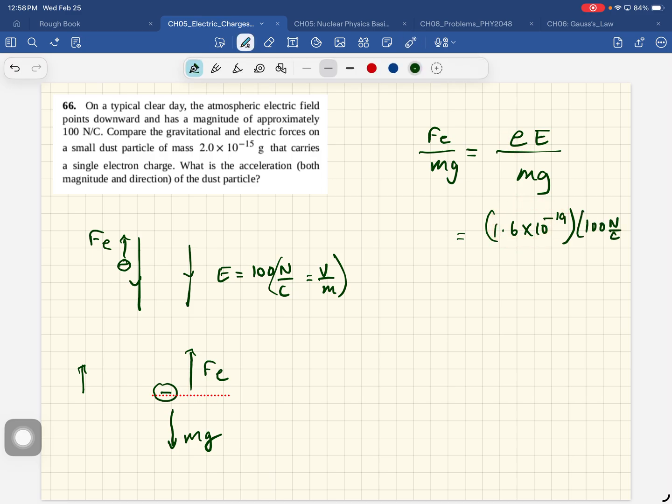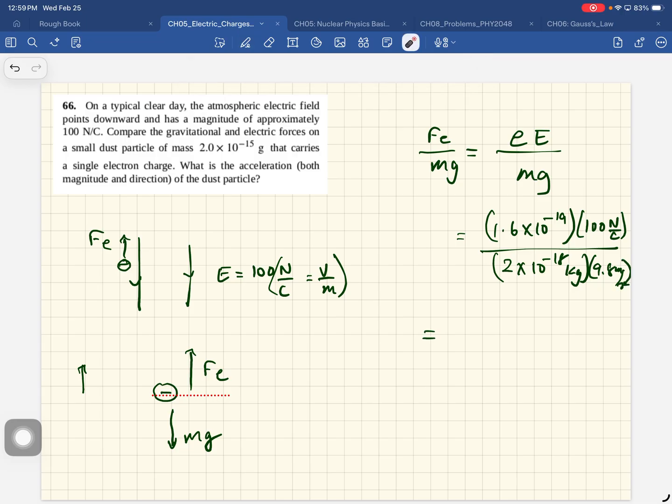So that means the electrostatic force is smaller than the gravitational force. It's 80% of the gravitational force, so the particle would actually accelerate downwards. Why are we calculating this kind of stuff?